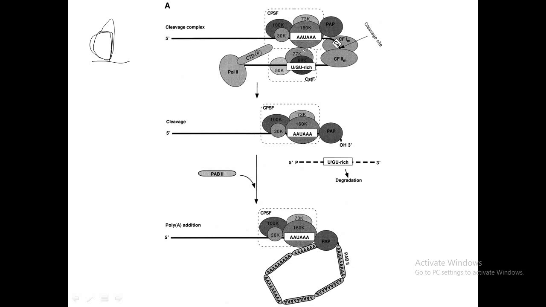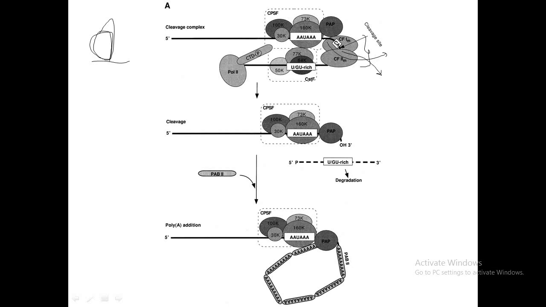The CSTF 77K domain stabilizes the 160K domain of CPSF, and this stabilization helps them remain adhered to their site. Once they are recruited, the cleavage factors CF1 and CF2 come, and downstream of the AAUAAA sequence is the CA site where cleavage will occur, followed by the addition of the poly-A tail.